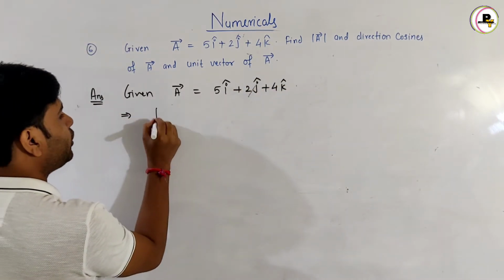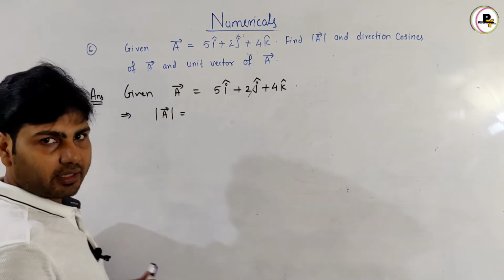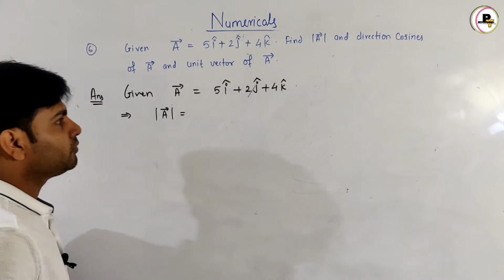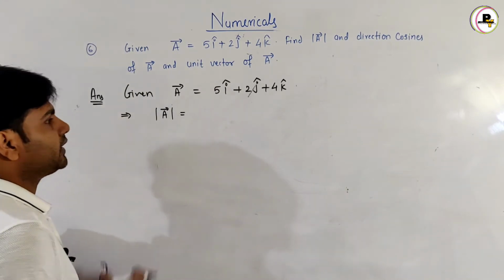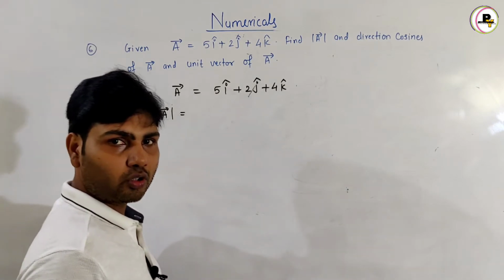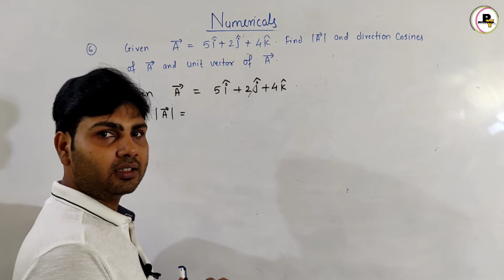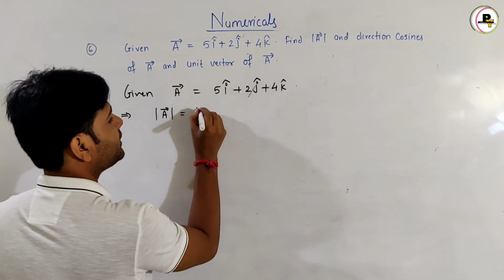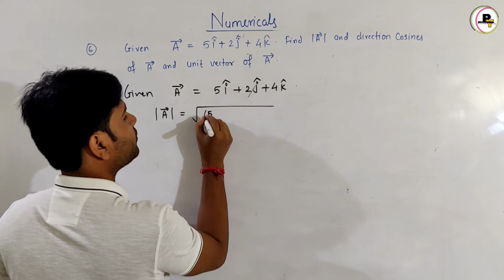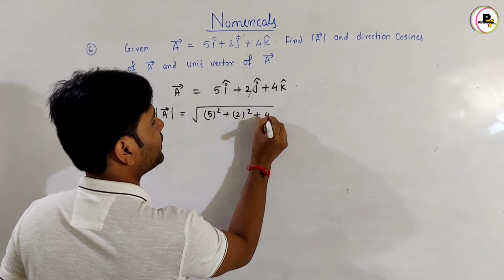So what is the mod of a vector? As we know, when vector a is represented in terms of its components along xyz axes and unit vectors, its magnitude is equal to the square root of the sum of squares of the coefficients of i cap, j cap and k cap. So we can write 5 square plus 2 square plus 4 square.